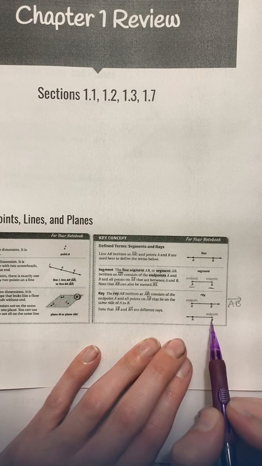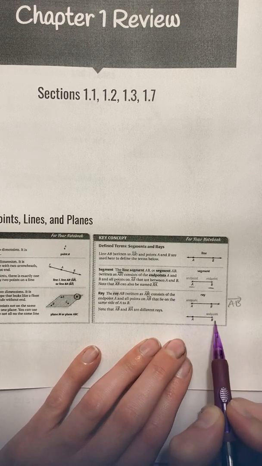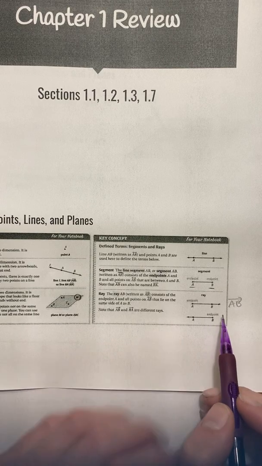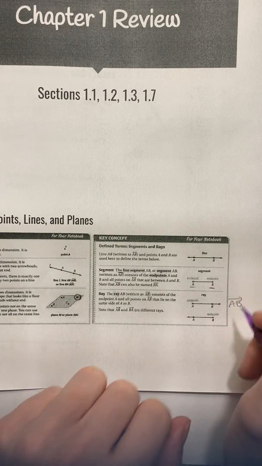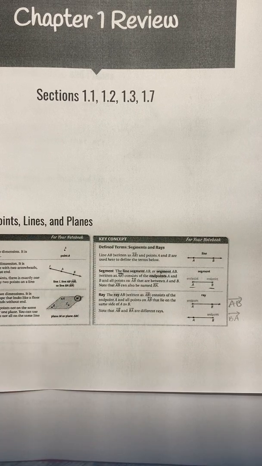And then our other one here, notice the A and the B look like they're in the same place, but when you actually pay attention, the end point is over on the B. Okay, so we have our end point and then a line that continues. So it's important to pay attention on rays, which one is the end point.